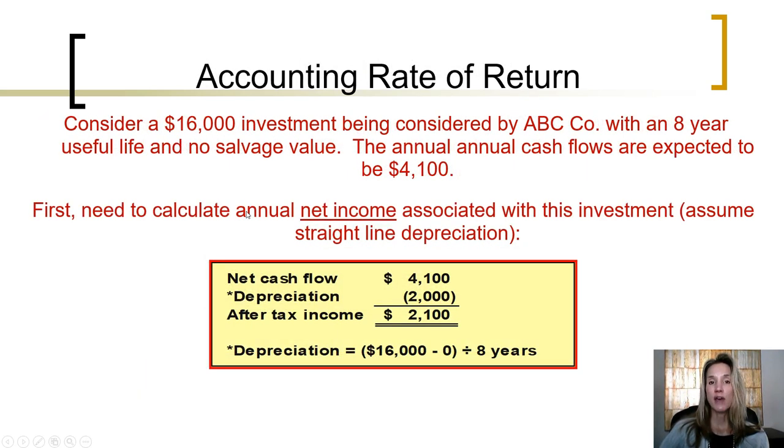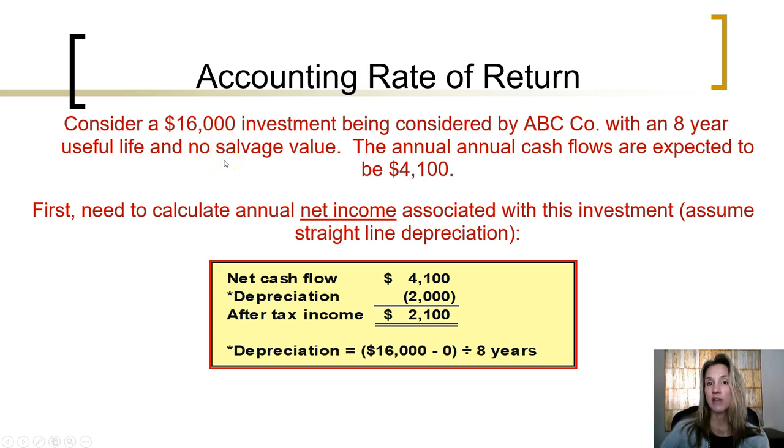So in order to evaluate the accounting rate of return, we first need to calculate the amount of net income, which will be the difference between the cash flow and the depreciation on this particular investment. So assume a straight line depreciation. Straight line depreciation is calculated by taking the cost of the investment minus any salvage value.